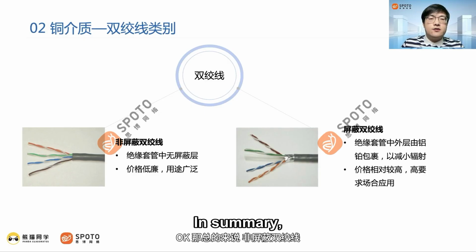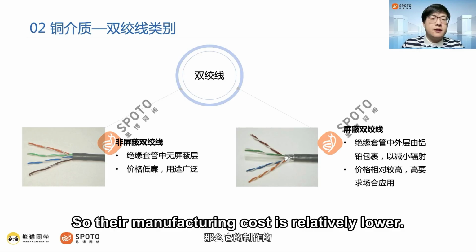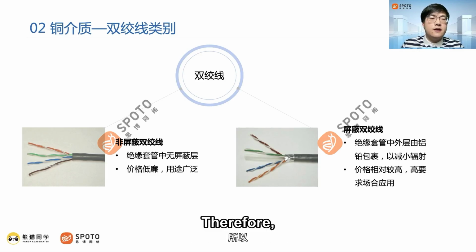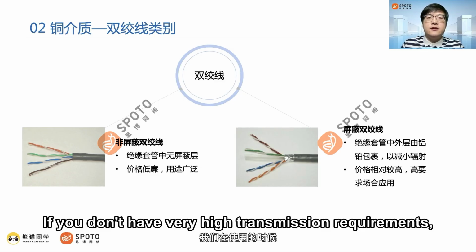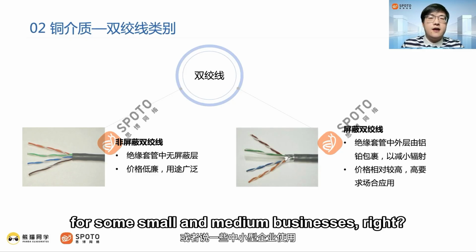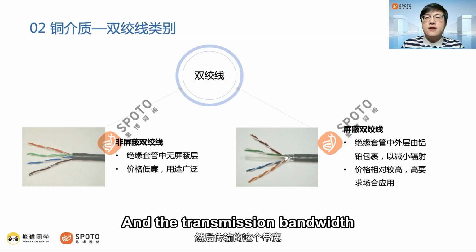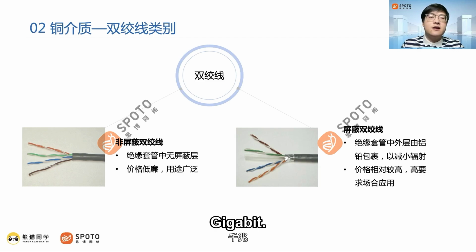Okay, in summary, unshielded twisted pair cables have no shielding layer inside, right? So their manufacturing cost is relatively lower. Therefore, if you don't have very high transmission requirements, just for home use or for some small and medium businesses, there are no strong interference sources, and the transmission bandwidth is gigabit.